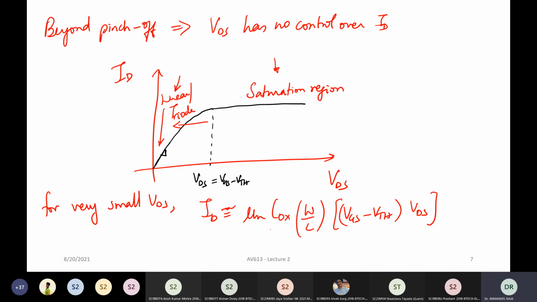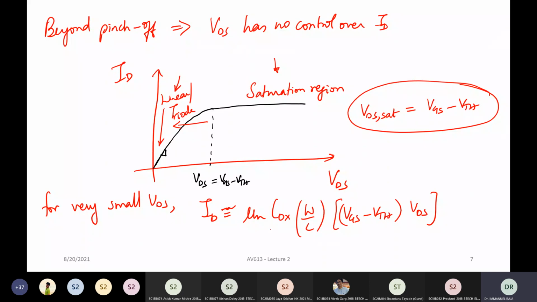Now, because this is beyond which the saturation happens, this particular value is called VDS sat, which is equal to VGS minus VTH. So we will be coming across this VD sat. Often it is called VD sat for the convenience of pronouncing.